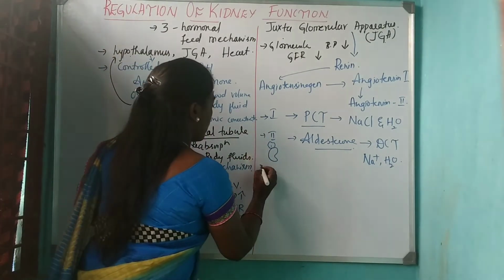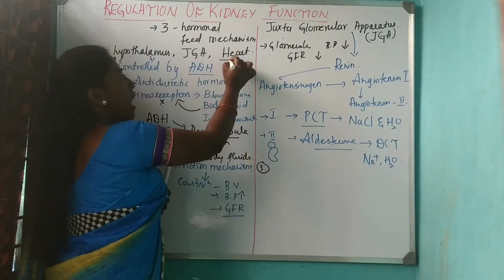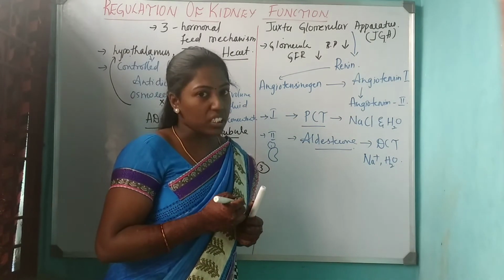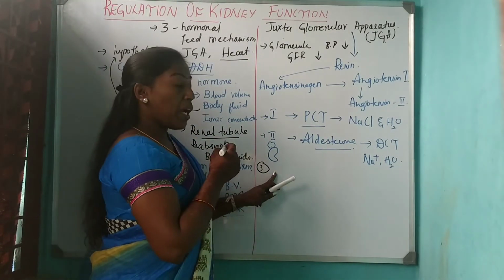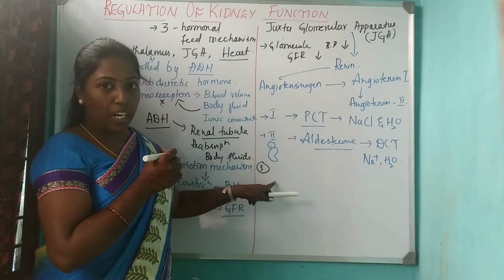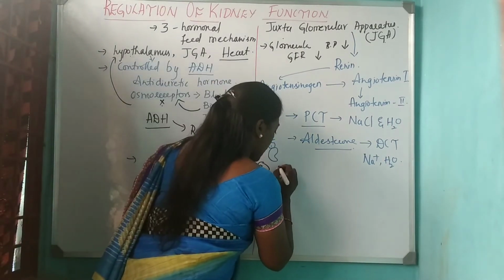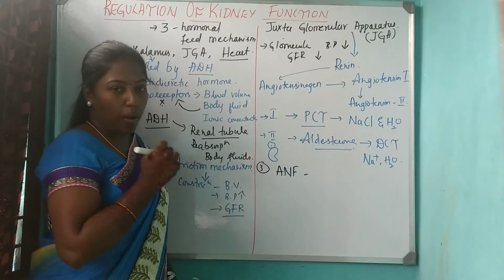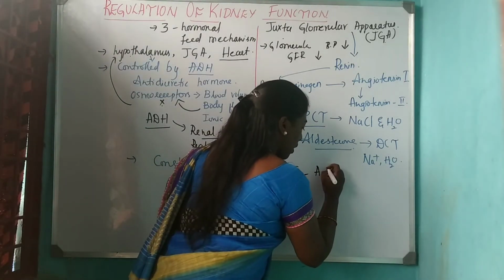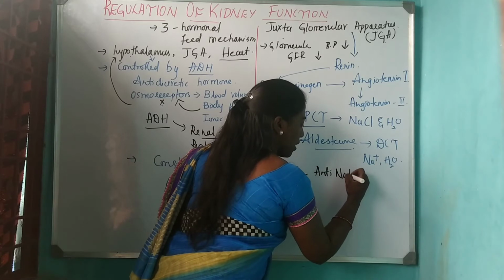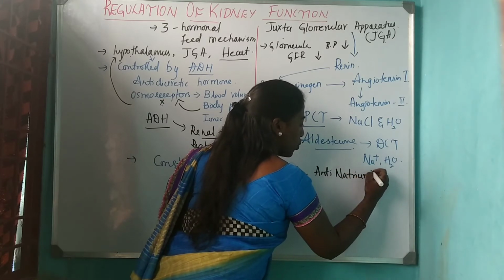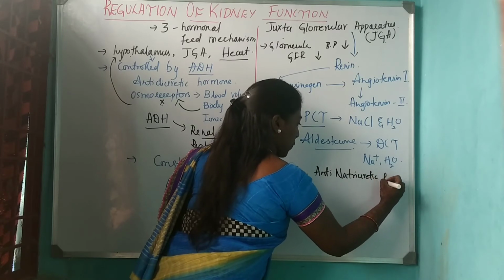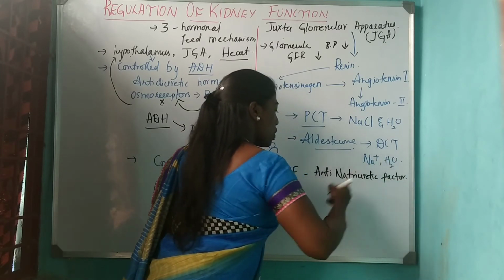The third one is, as I told, even the heart plays an important role in controlling the kidneys. Our heart produces a hormone called ANF, which stands for atrial natriuretic factor.